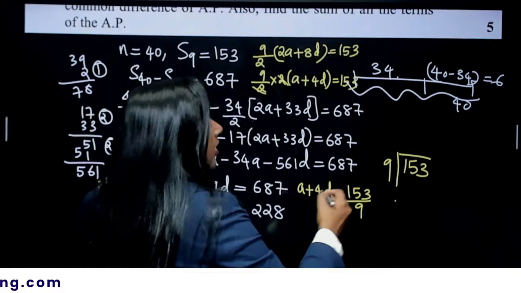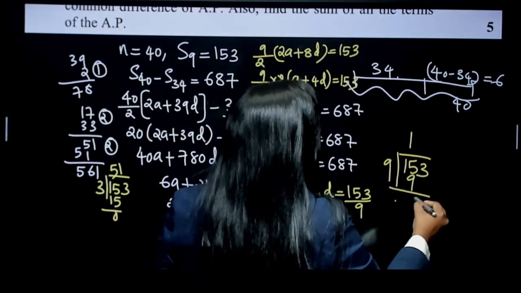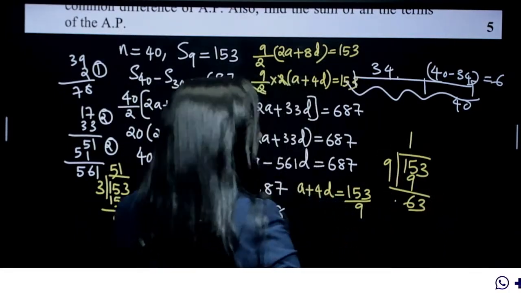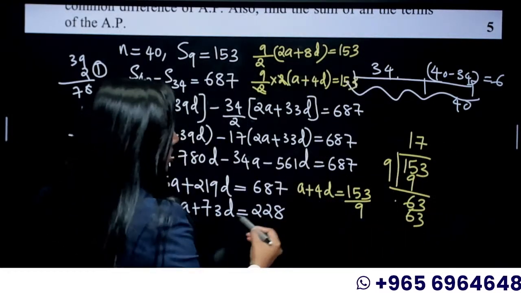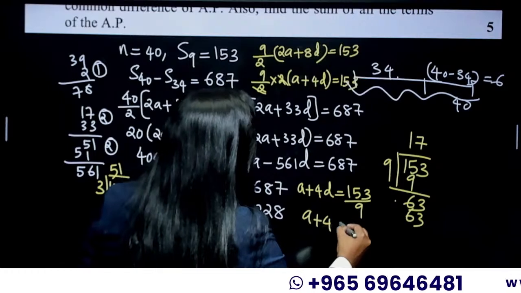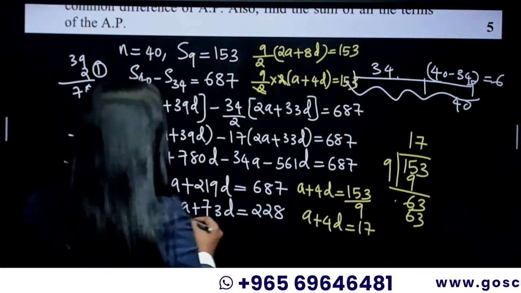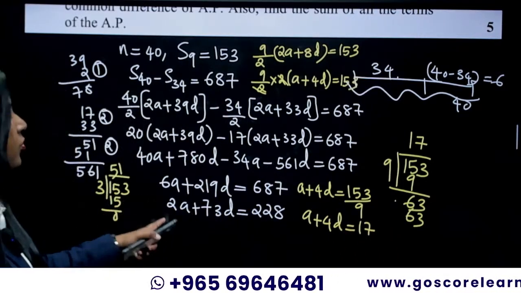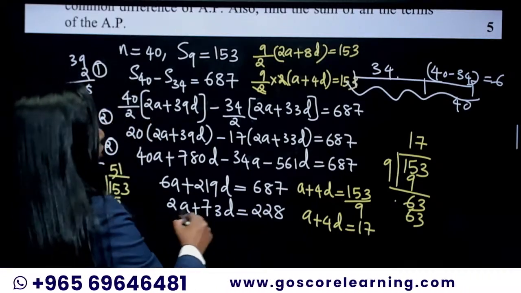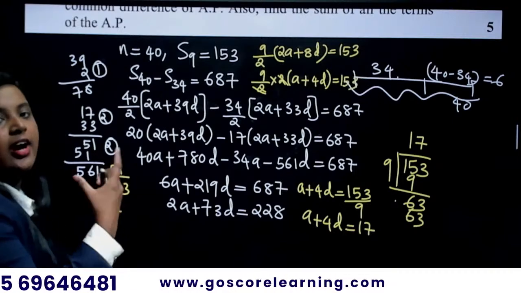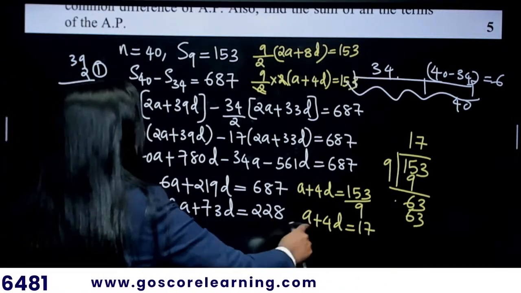1 nine is 9, and then we have 6, 63, and 7. So 17. So a plus 4d is going to be 17. So we got 2a plus 73d as 228 and a plus 4d as 17. Now things are easier because to make the coefficients of any one term same, you can simply multiply this by 2.